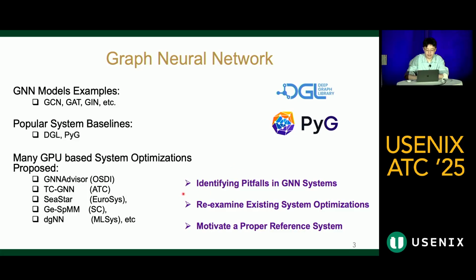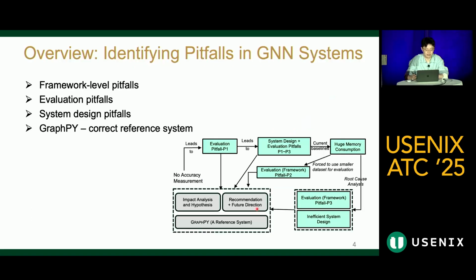However, after analyzing those GNN systems, we identified some pitfalls in them, which led us to re-examine some existing system optimizations in GNN systems. It also motivates our solution, GRAPHPY, which should be treated as a new proper reference system.